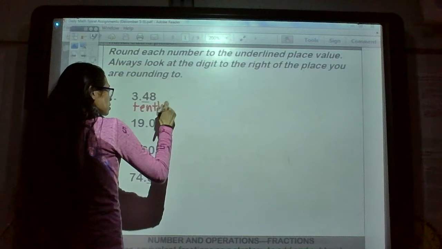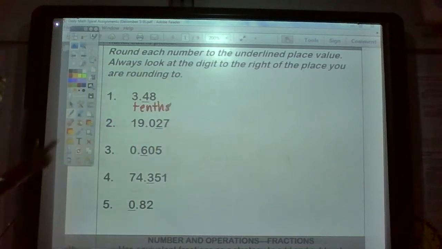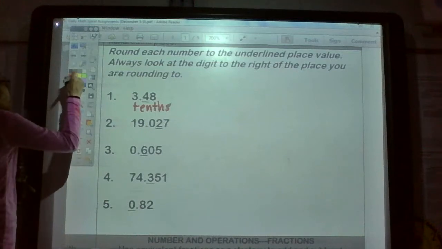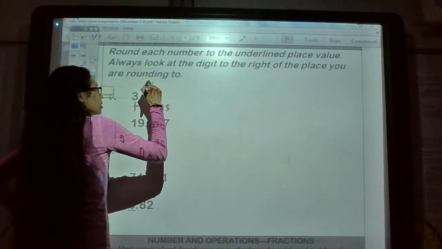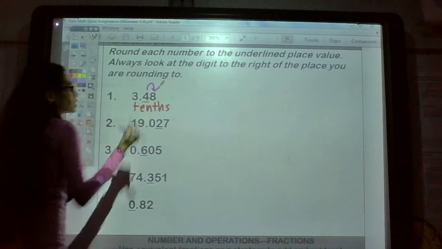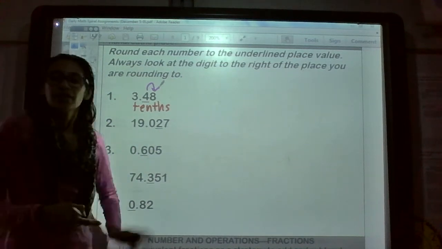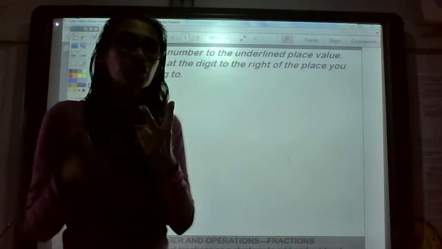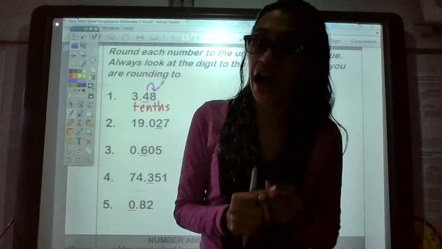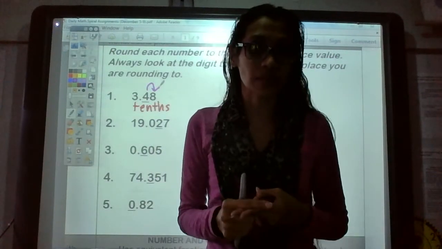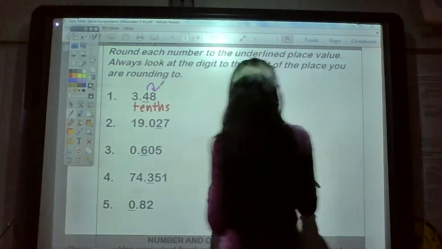I'm going to write that down for you. So it says, look at the digit to the right of that number. So the 4 looks at the 8. There are 2 rules. Either that number is less than 5, or 5 or more. I'll write that clue over here.